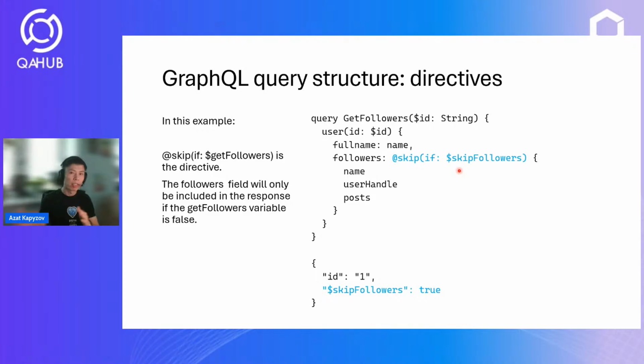So it works vice versa, right? Include or skip. It takes boolean values like true or false, and if it's true, then we will skip this field in the response. That is our variables that we specify.